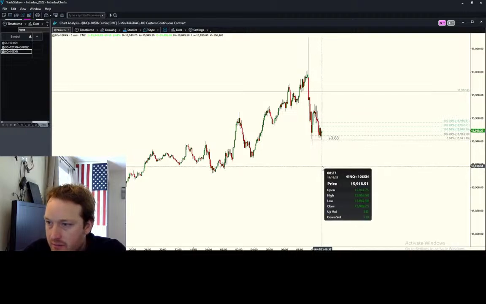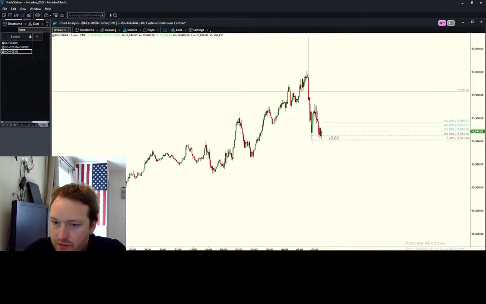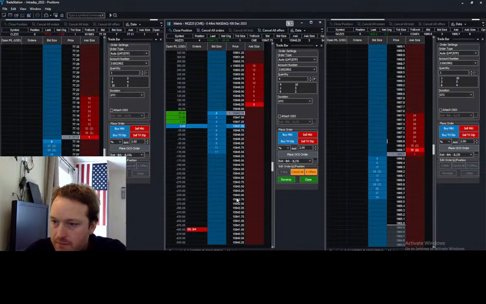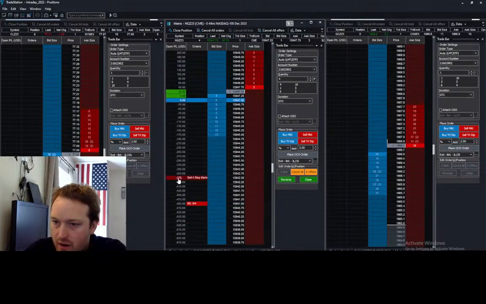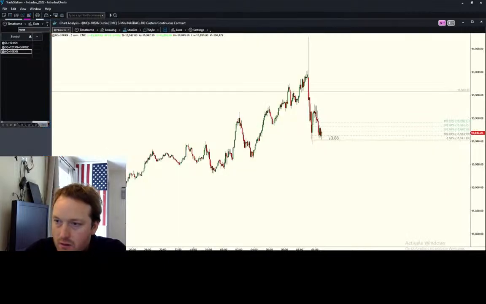I'm going to move my stop to this low, which is 42.25. Piz of 42.25.